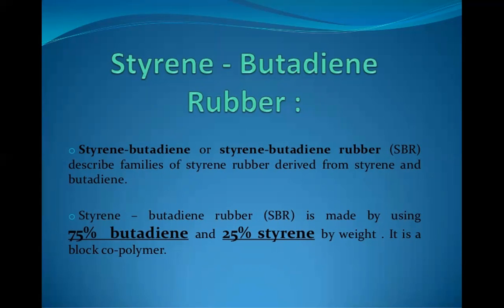Styrene butadiene rubber describes the families of synthetic rubber derived from styrene and butadiene. It is also known as Buna S. This Buna S is also known as GRS, that is government rubber styrene, or as Ameripol.